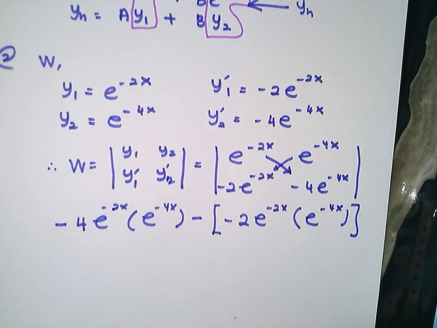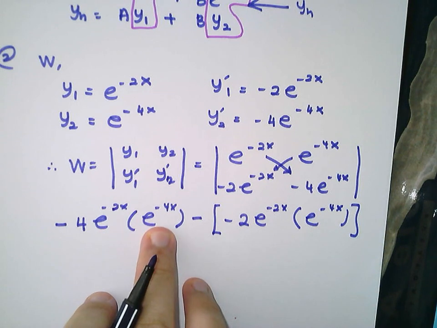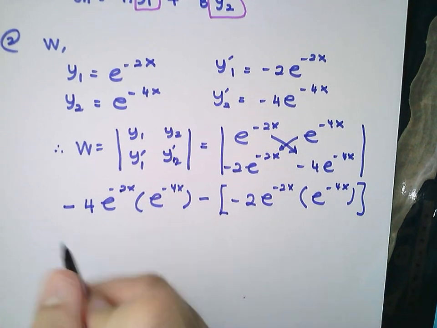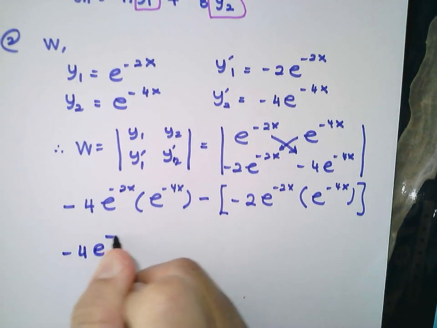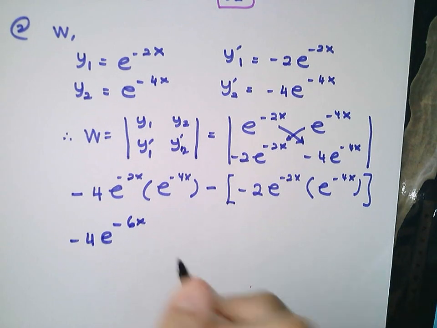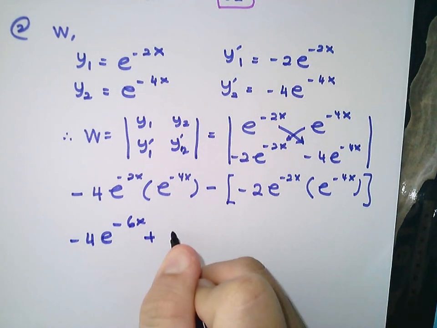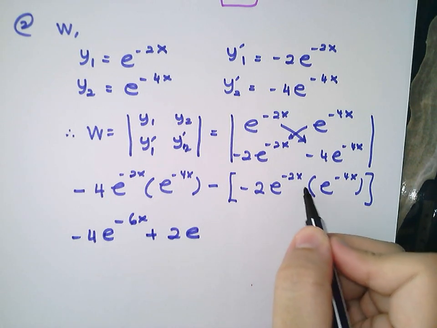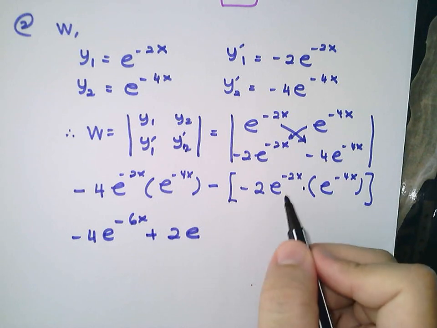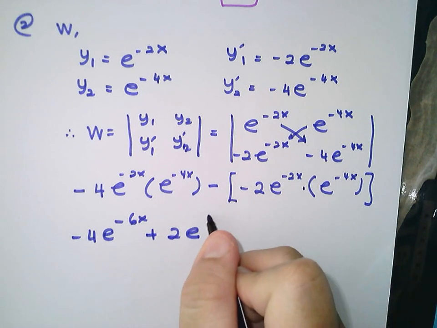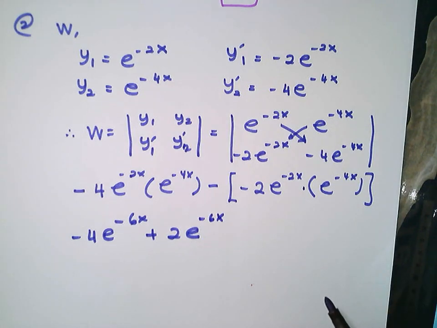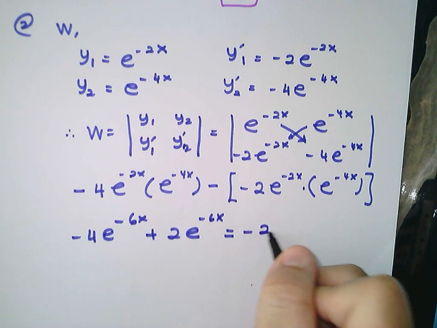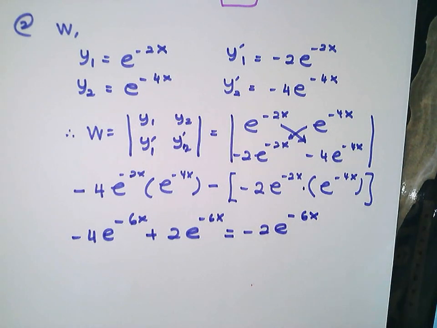Okay, exponent times exponent, so the powers we add, isn't it? So you will have negative 4 exponent negative 6x, minus minus plus 2 exponent negative 6x. Therefore, this is equal to negative 4 plus 2, negative 2 exponent negative 6x.